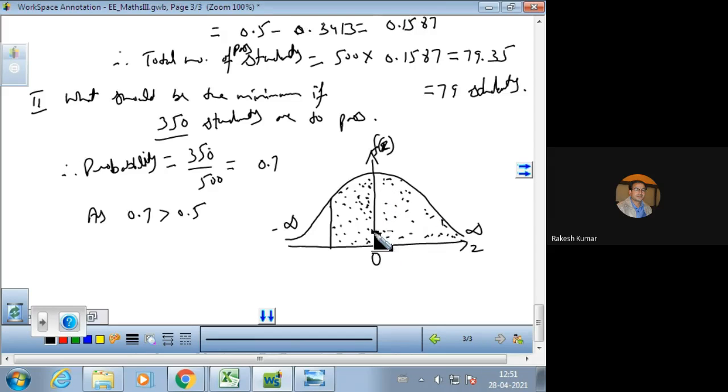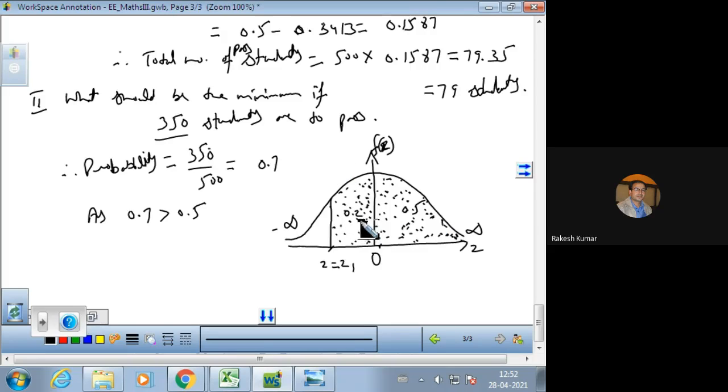Now we have this total area, that is 0.7, and this is 0.5 and this is 0.2, and we have to find out this point. We want to find out this point, and this point is named as z equal to z1. Obviously this point will be negative because it lies to the left of 0. So area is 0.5, this one, and this is 0.2.